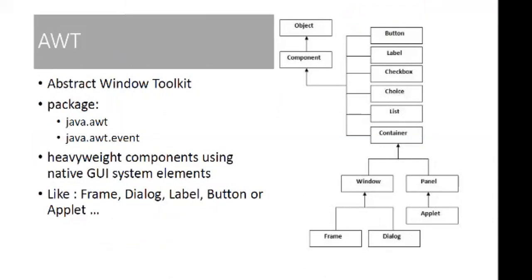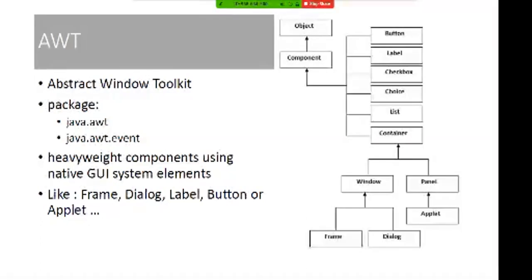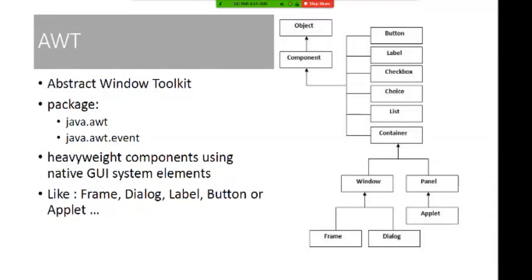For that purpose, we use many libraries. But initially, before Java 2.0, the libraries were known as java.awt for the Abstract Window Toolkit and the java.awt.event package. These two basic packages are where we initially started GUI programming in Java.